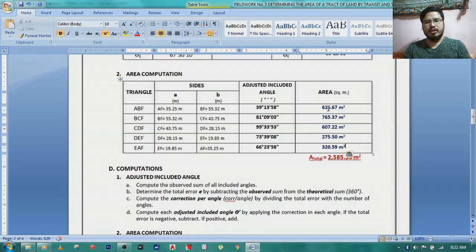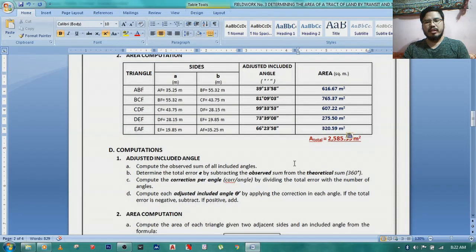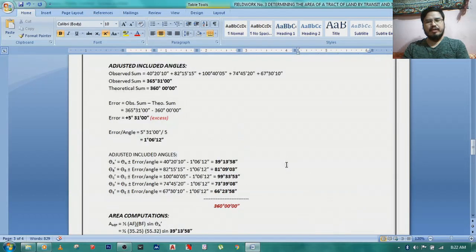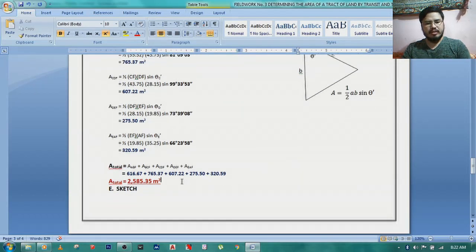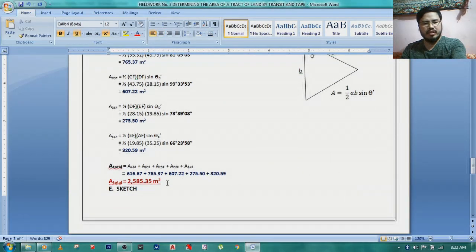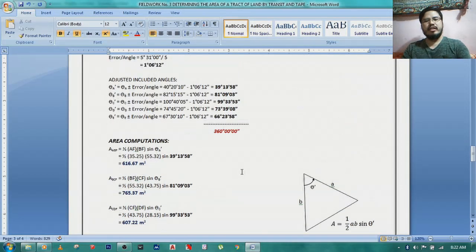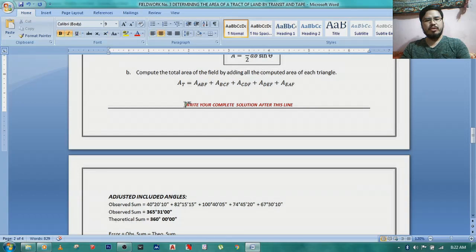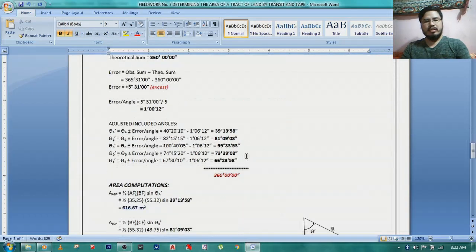If you sum up all these areas, it will result to 2,585 point, what is that, 35. Okay, let me just adjust this one. So this is an example of how you will be computing your data.